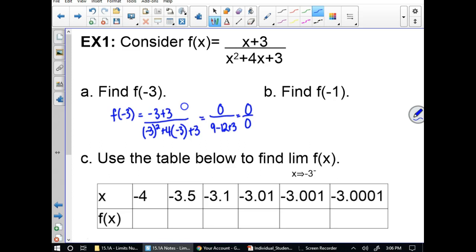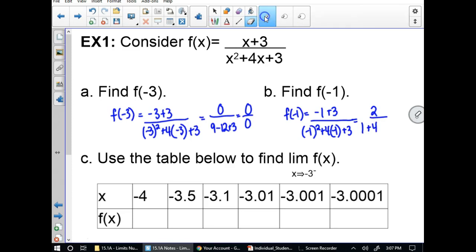If I plug in f of negative 1, I've got negative 1 plus 3 over negative 1 squared plus 4 times negative 1 plus 3. And that's going to give me 2 over 1 plus 4. I'm sorry, that's going to be a minus 4 right there.